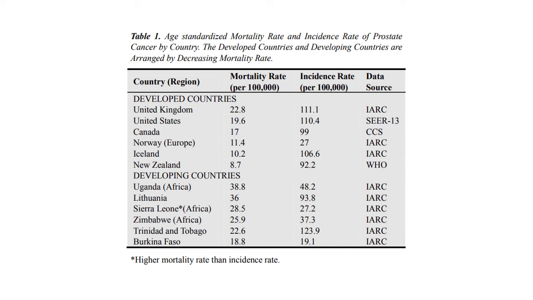Another table that we decided to put together and include within this publication was the age standardized mortality rate and incidence rate of prostate cancer by country. And we actually went into several surveillance systems. As you can see, we provided and listed the specific surveillance system and the acronym for that.